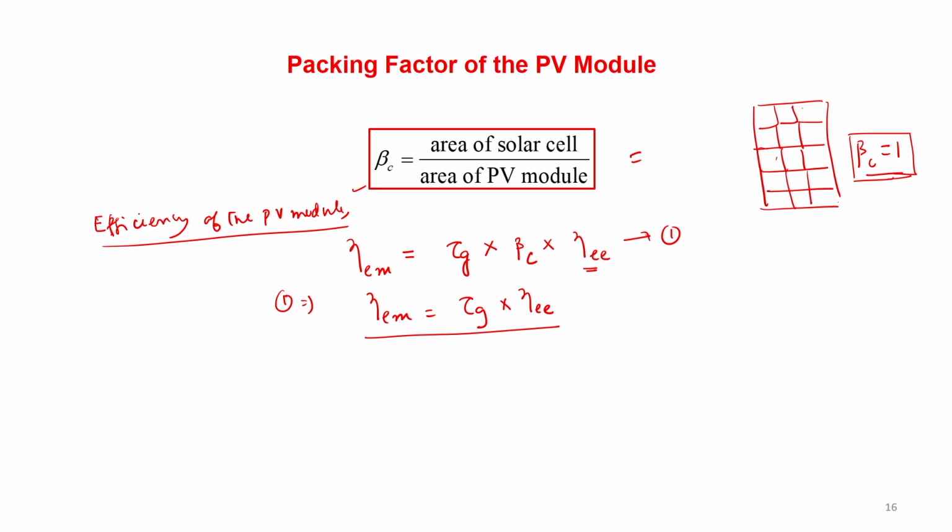That means now we can say the efficiency of the cell is always more than the efficiency of the module, because we need to consider the transmissivity of the glass cover, right.